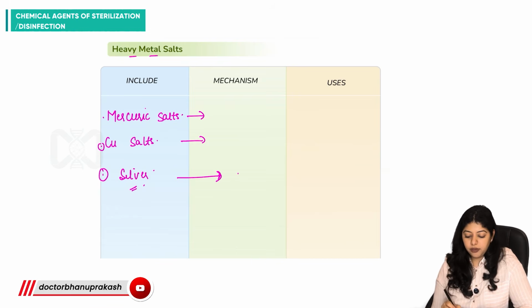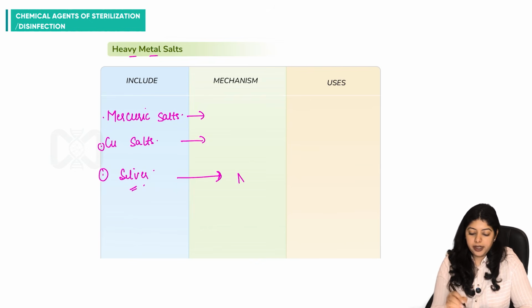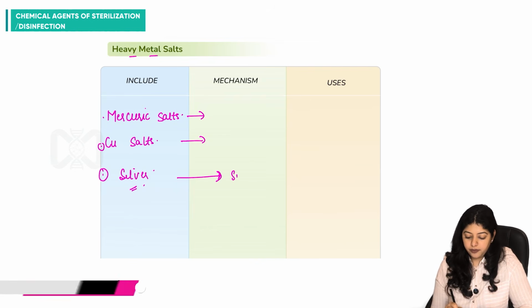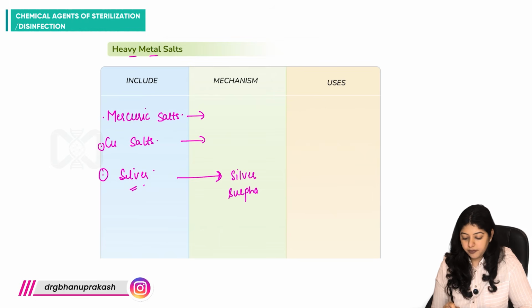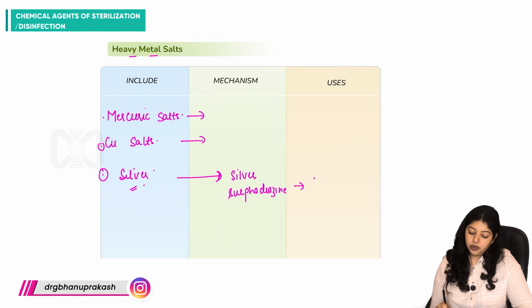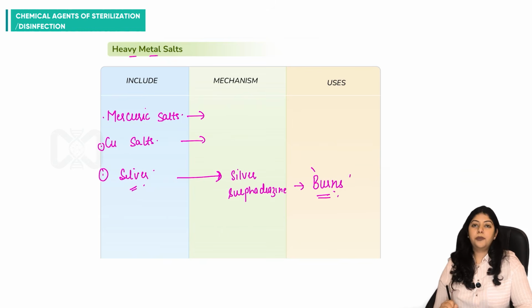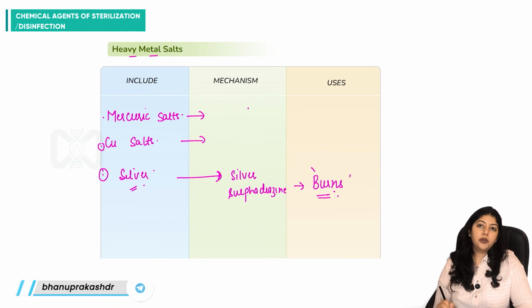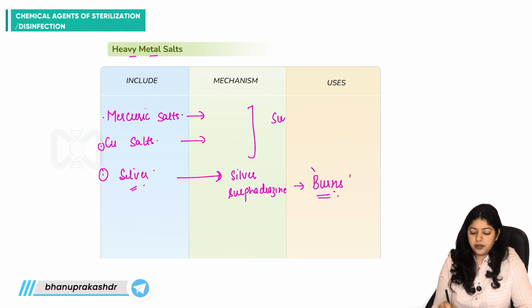So what are the silver components we are talking about? So it is silver sulfadiazine, which is used for burns. Then copper and mercuric salts are also acting as surface disinfectants.